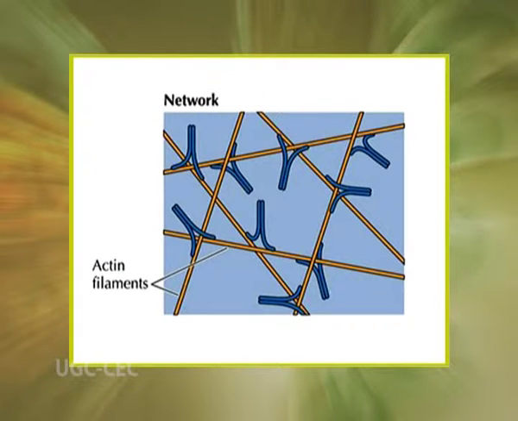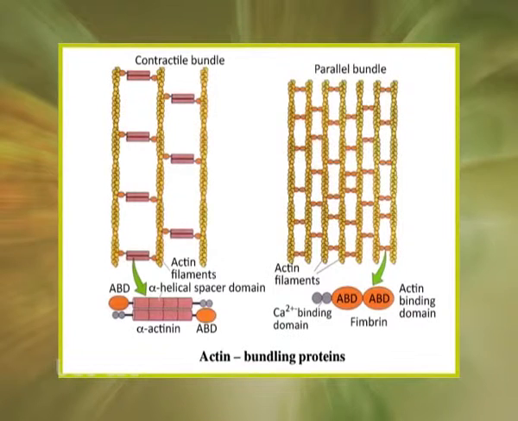In networks, the actin filaments are cross-linked into orthogonal arrays that form three-dimensional meshworks with the properties of semi-solid gels. The proteins that cross-link actin filaments into bundles, called actin bundling proteins, are small rigid proteins that force the filaments to align closely with one another.